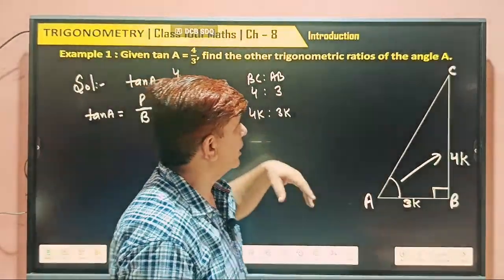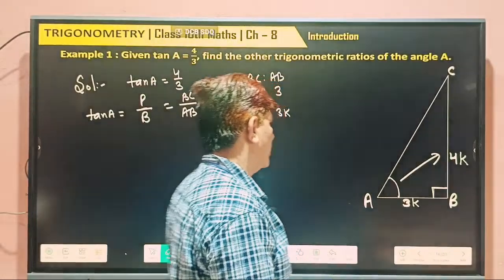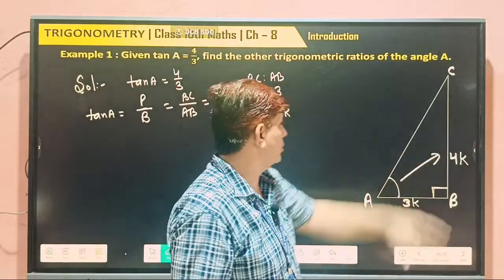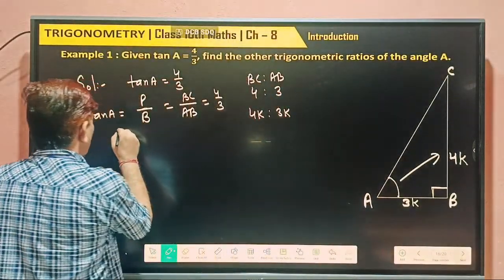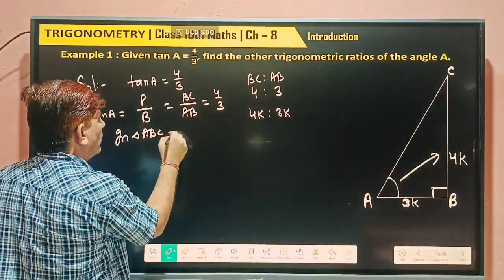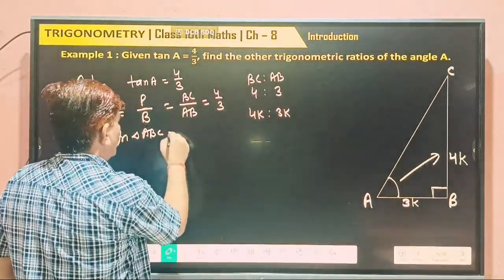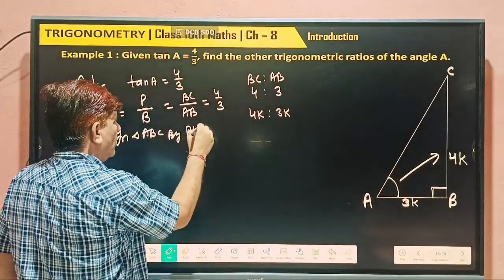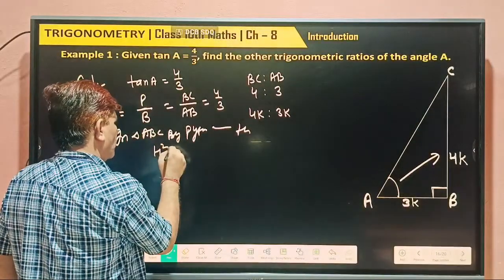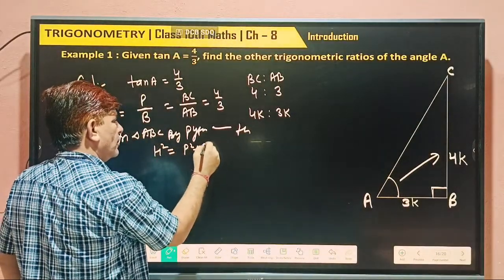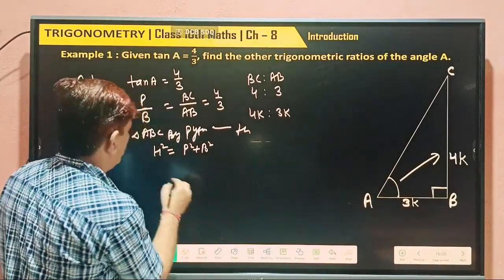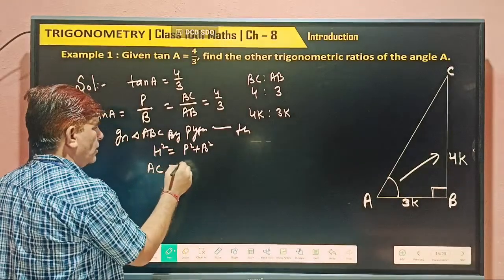Find the other trigonometric ratios of the angle A. To find the other ratios, we need the hypotenuse. We will use the Pythagoras theorem. So in triangle ABC, by Pythagoras theorem, hypotenuse square is equal to perpendicular square plus base square. The hypotenuse is AC.